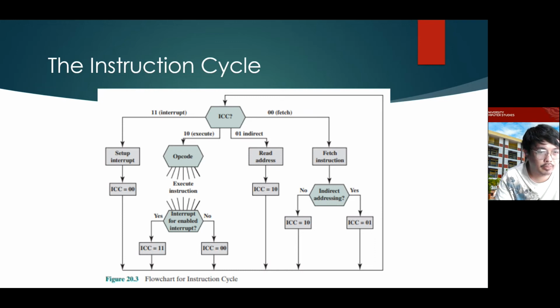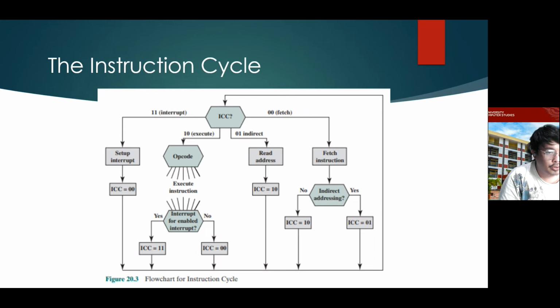And there is one sequence of micro operations for each of the op codes. And to complete the picture, we need to tie the sequences of micro operations together, and this is shown in this illustration.